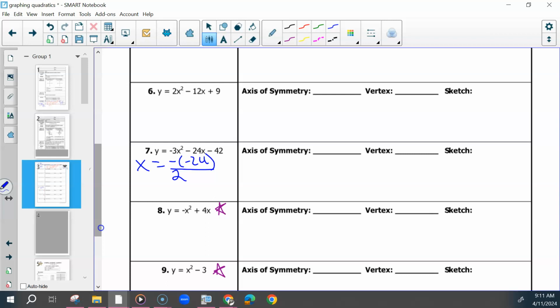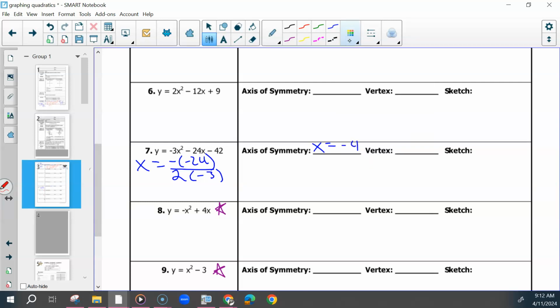Our a value will change. Where are you getting the 2 from? It's part of the formula. Oh. So then what would our axis of symmetry be? Negative. X equals -4.